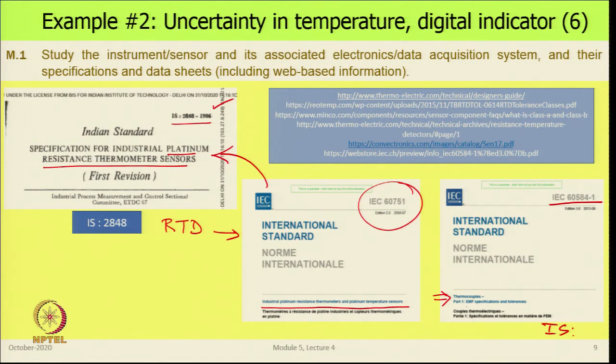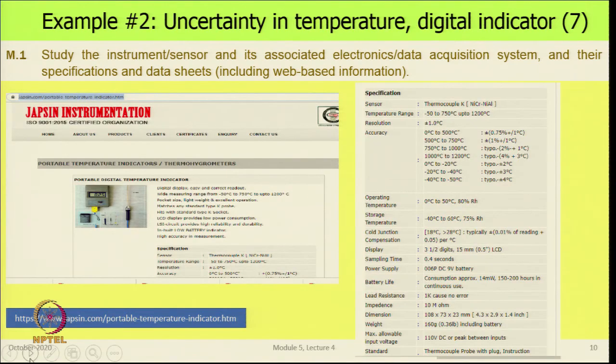So, that is some more information we got about standards, and as you look up catalogs, you will find all the good manufacturers will say that their sensors conform to one of these two standards or an equivalent standard. There are some instruments where everything is together. Here is one example, portable temperature indicators from one particular company.